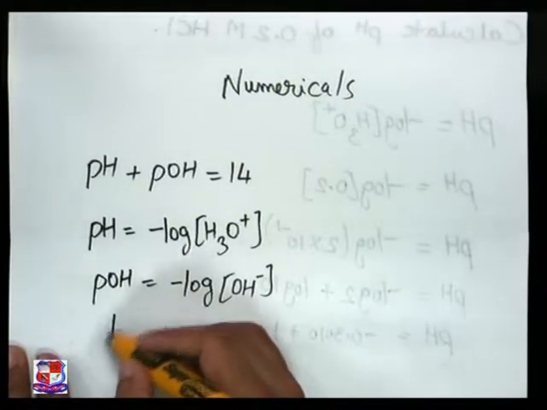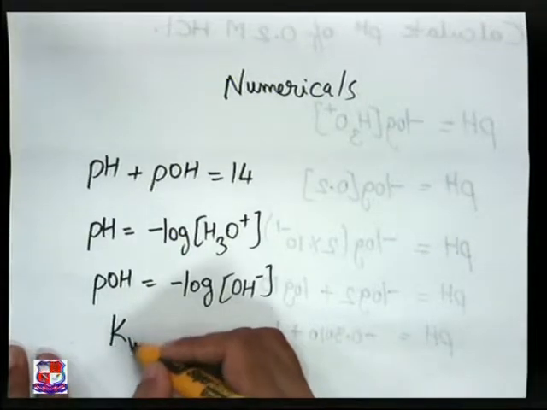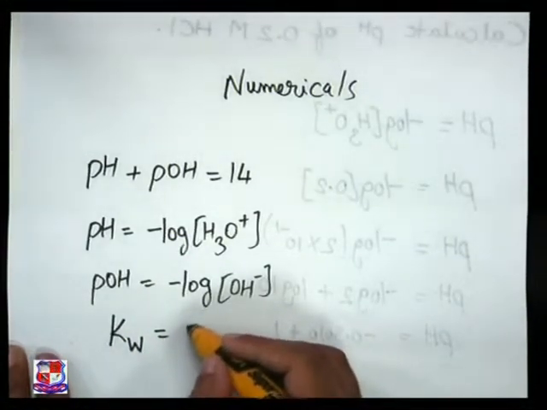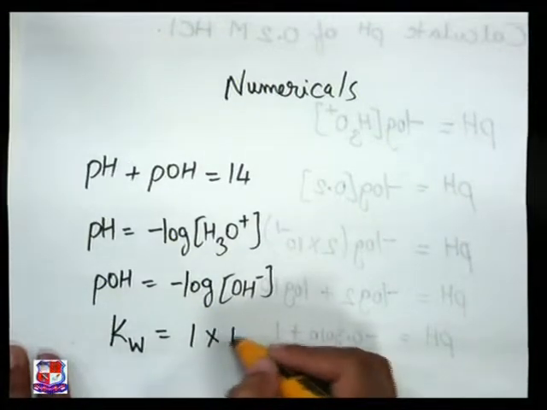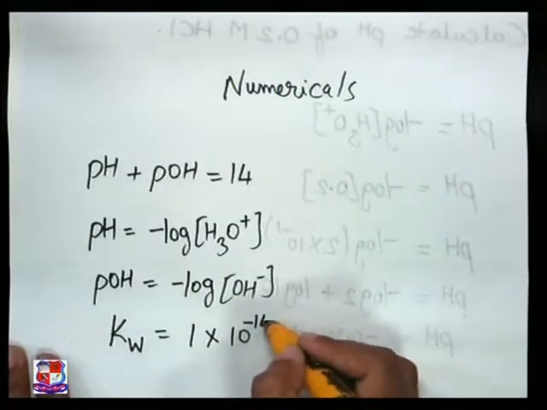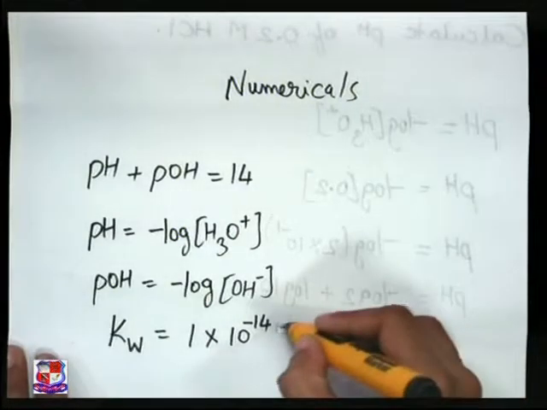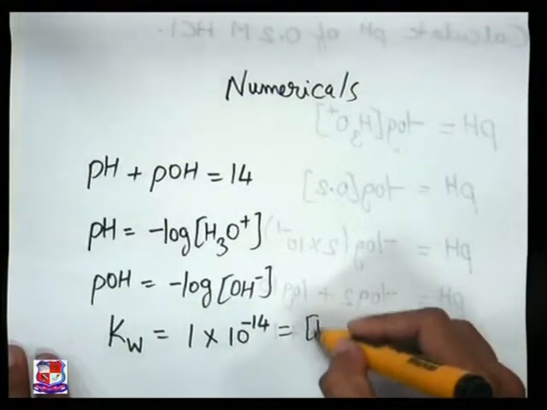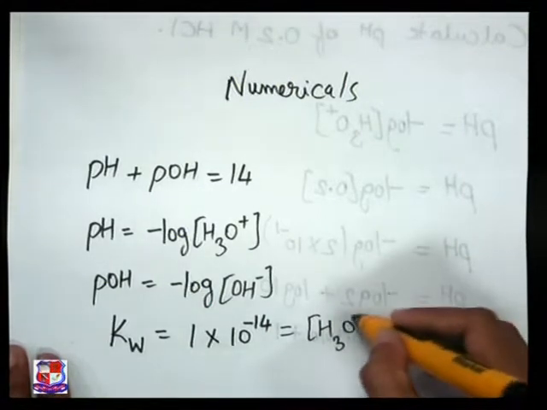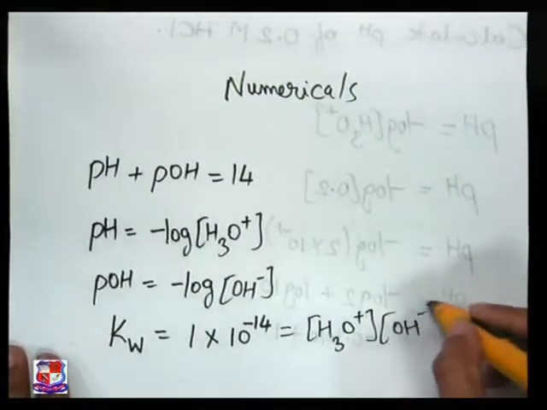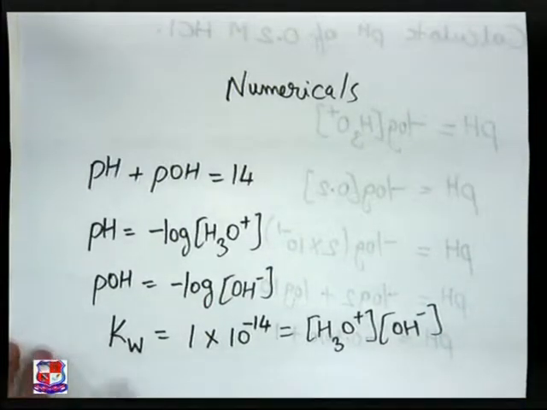Then the fourth formula, very important, you have the Kw value that we already derived, that is 1 into 10 to the power minus 14. This Kw value is nothing but the product of H3O plus and OH minus. This one has to be remembered.